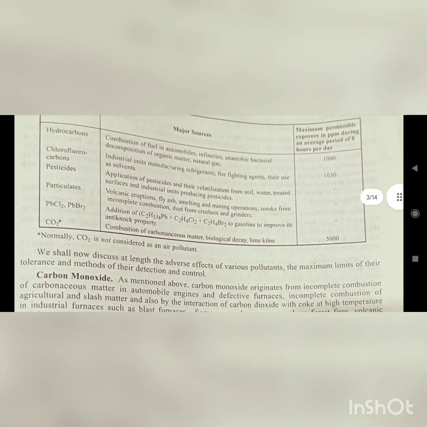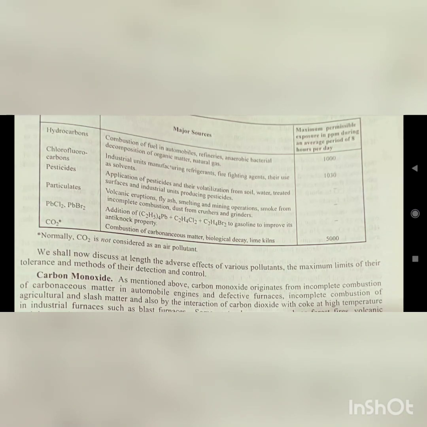Other pollutants, hydrocarbons: combustion of fuel in automobiles, refineries, anaerobic bacterial decomposition of organic matter, natural gases. Chlorofluorocarbon: industrial units manufacturing refrigerants, firefighting agents, their use as solvent.